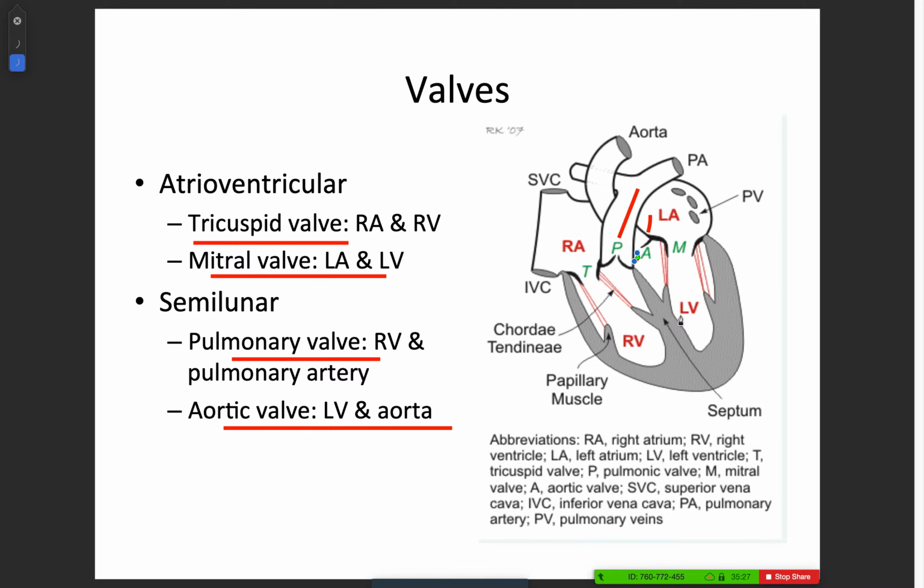It can catch any blood that's coming back towards the left ventricle. And that's good, right? Because we don't want blood regurgitating backwards. The whole goal of these valves is to prevent flow of blood in one direction. And so as we start talking about regurgitation, keep this shape of the valves in mind, that these valves are really preventing blood from going in a certain direction. If they become weaker, then that's what we expect to see.